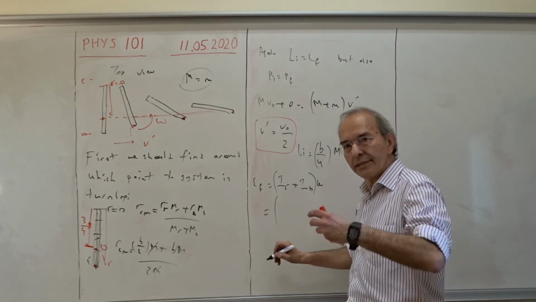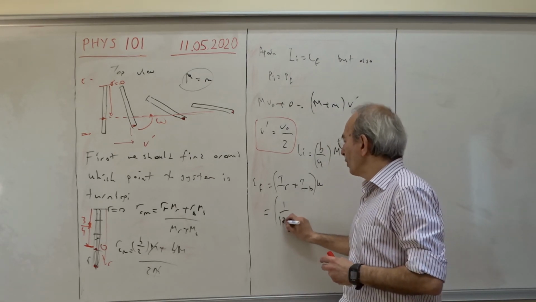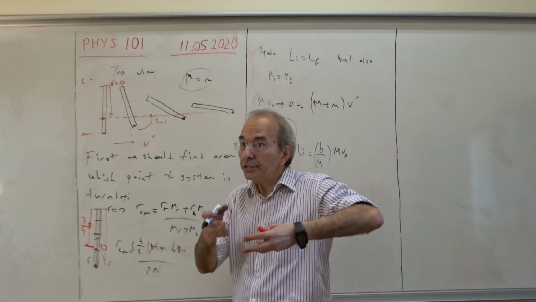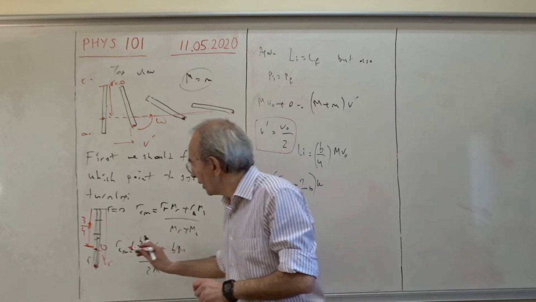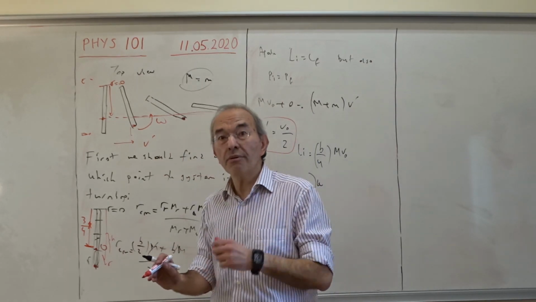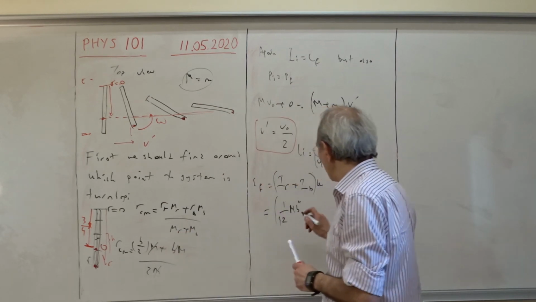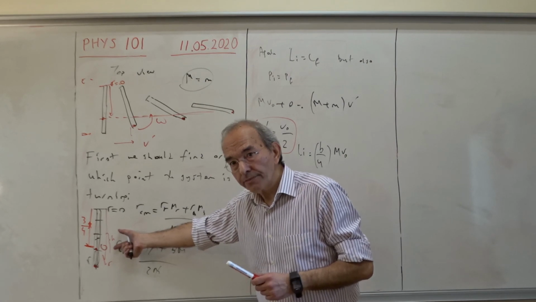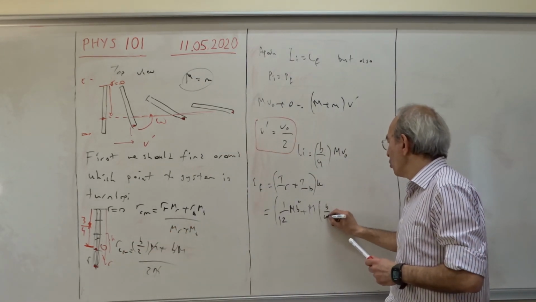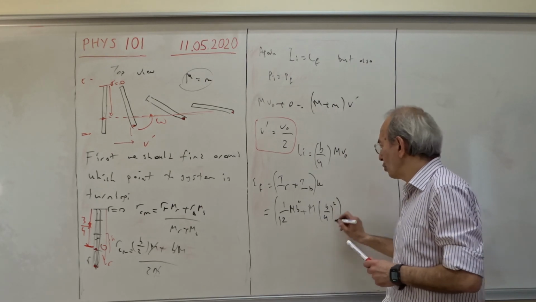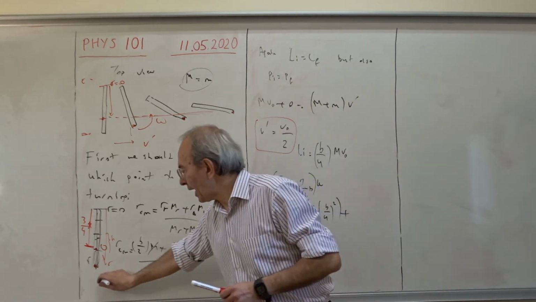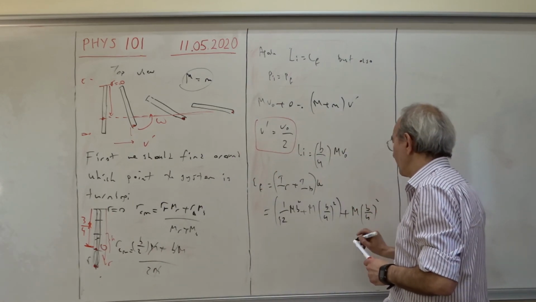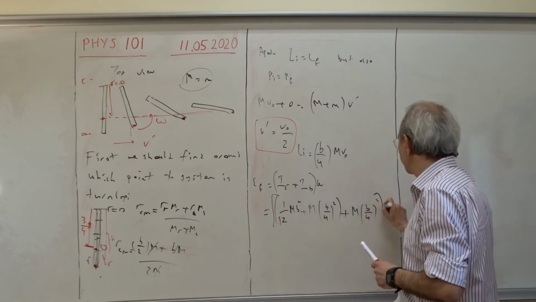It consists of two parts: 1 over 12 m b squared for turning around the midpoint. It is not turning around the midpoint, so we have to consider this part as h, remember the parallel axis theorem, m h squared. So plus m times b over 4 squared for the rod, plus I bullet, which is simply m times b over 4 squared. So this is the sum of I's, and all multiplied by omega.